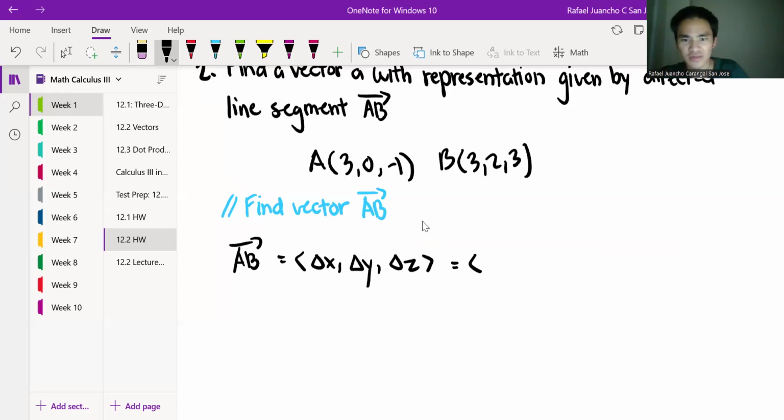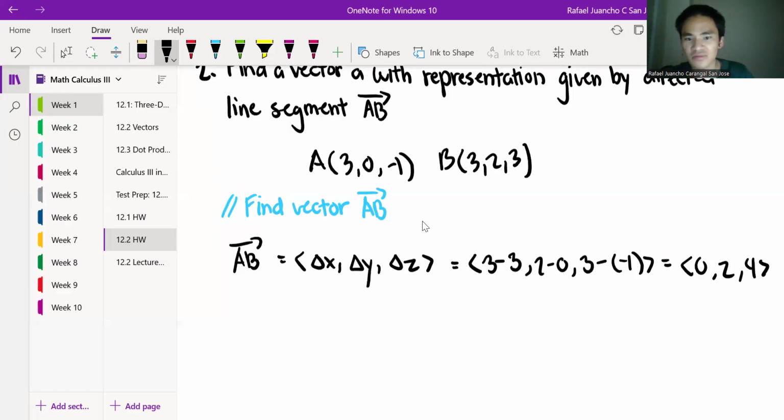So it's going to be 3 minus 3 for my X, 2 minus 0 for my Y, 3 minus negative 1 for my Z. And I should get 0, 2, 4. So yeah, this should work. So it's going to be 0, 2, 4.